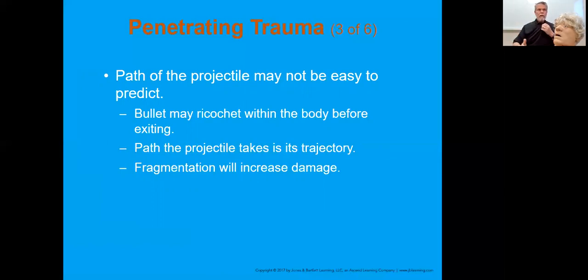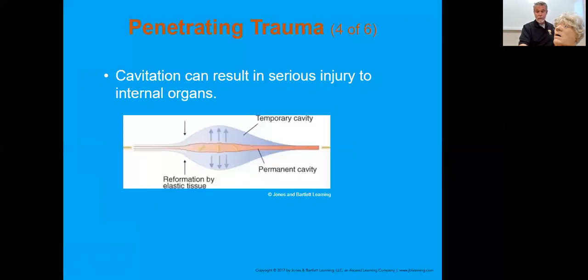There are so many potential issues with all of this, right? But that bullet doesn't always travel that nice path. Depending on the shell, it may disperse or break up in the person. Fragmentation is what I'm referring to, and that is designed to increase the damage. That's something we're going to have to concern ourselves with.